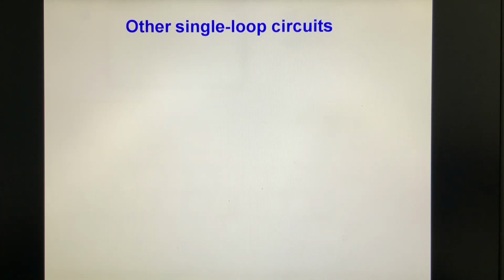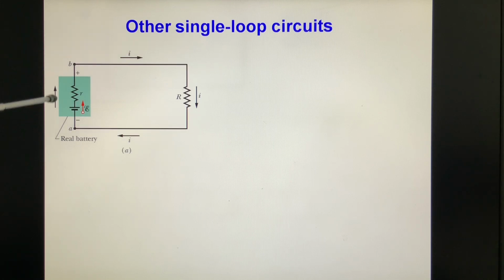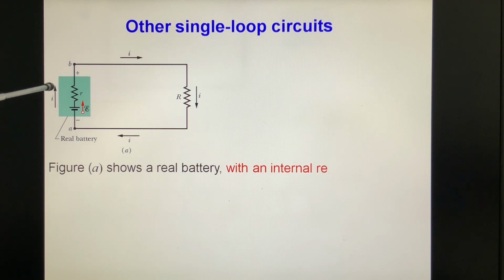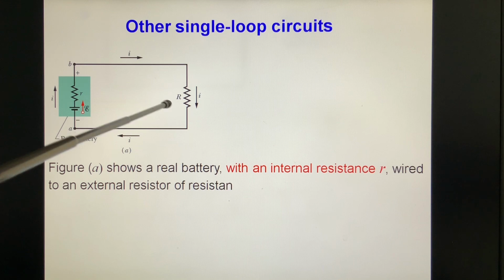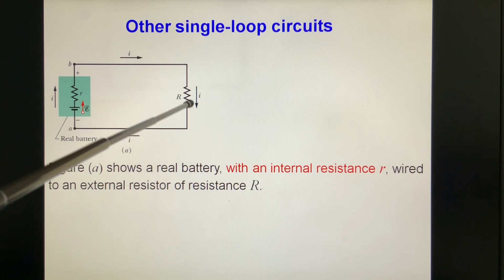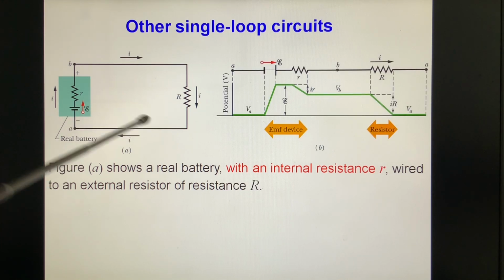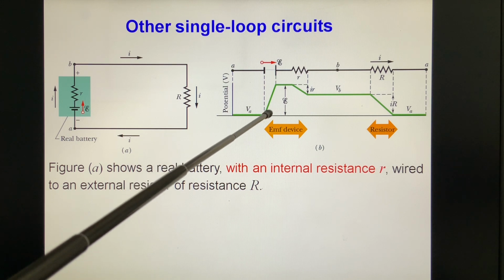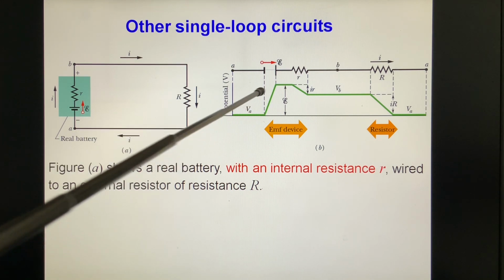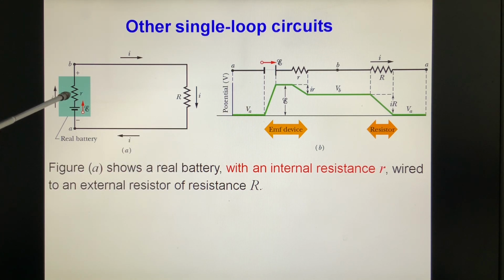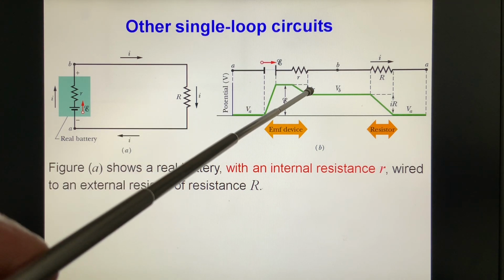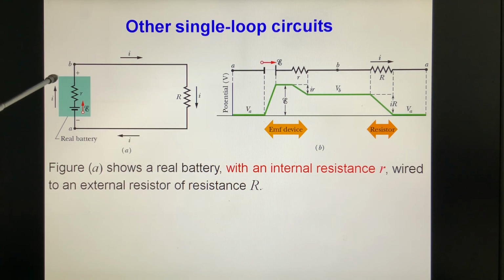Other single loop circuits. This figure shows a real battery with an internal resistance r wired to an external resistor of resistance R. Let's analyze this one, starting from A. We go through the battery, so the potential goes up. Then we go through the internal resistance, and the potential drops, minus Ir.